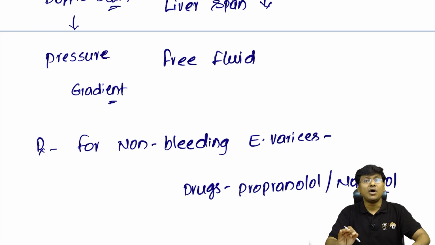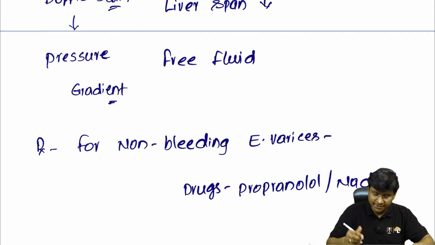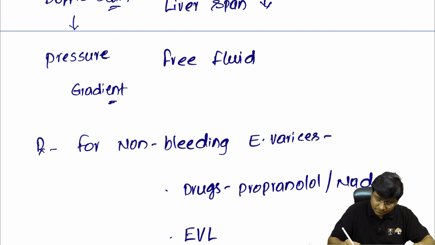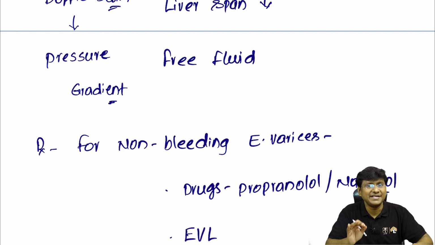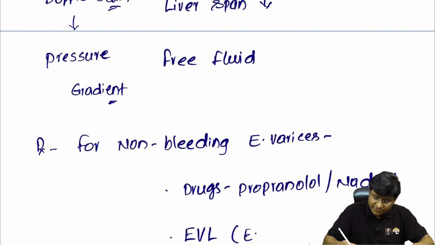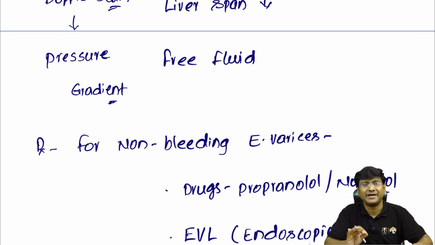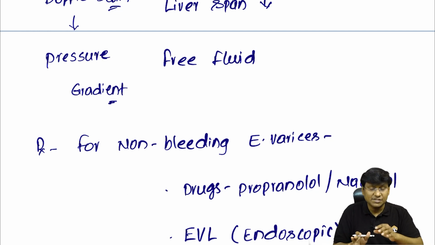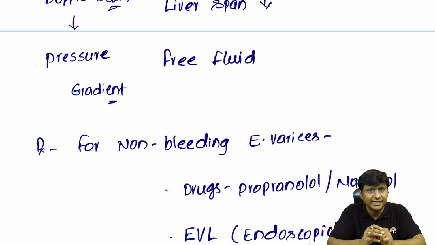So propranolol or nadolol should be given, right? And the other way by which you can treat is esophageal variceal ligation. How will you do it? That is endoscopic variceal ligation by endoscopic approach, right? Now, this is for non-bleeding esophageal varices, right?